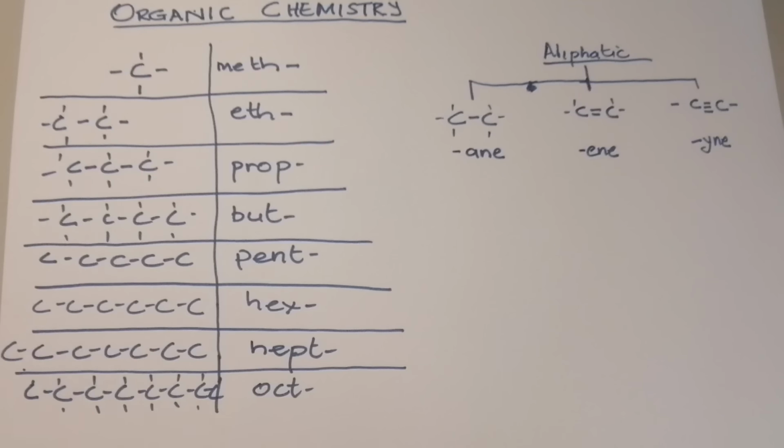Now these expressions are made by what we call the IUPAC, which is the International Union of Pure and Applied Chemistry. This is an international body that comes up with international standards and norms for pure and applied chemistry.